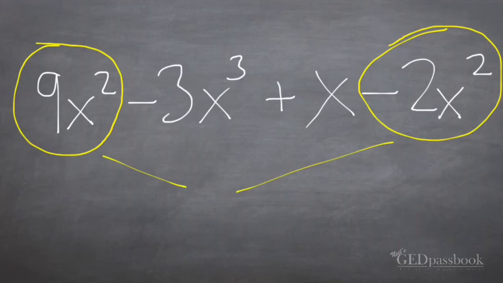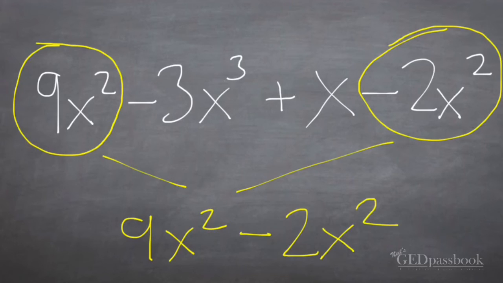Because when you combine them, it ended up looking like this as the operation: 9x squared minus 2x squared. All right? The minus. That's the key to identifying what these two are going to combine into. Now, how do you do this operation? Pretty simple, you guys. What's 9 minus 2? It's 7.